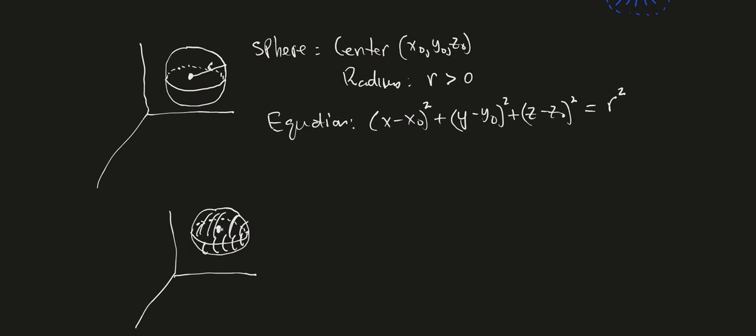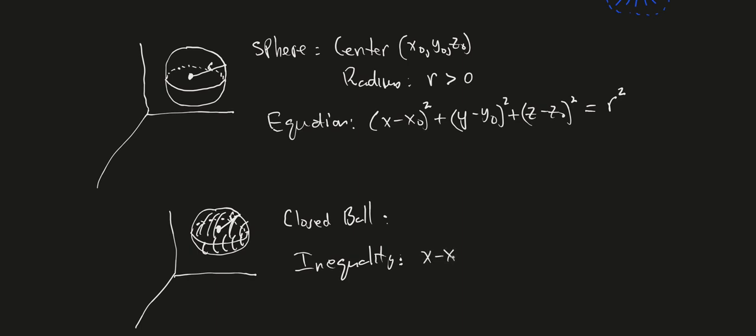That's still your center, that's still your radius, but think of it as a ping pong ball, which is hollow, versus a golf ball, which is solid all the way through. So we call this a closed ball, and it's defined by an inequality. The center and the radius are the same. It's just that now we're including not just the points on the surface, but everything inside. That's why we need an inequality, and it's exactly what we have here, but just change that to less than or equal to.